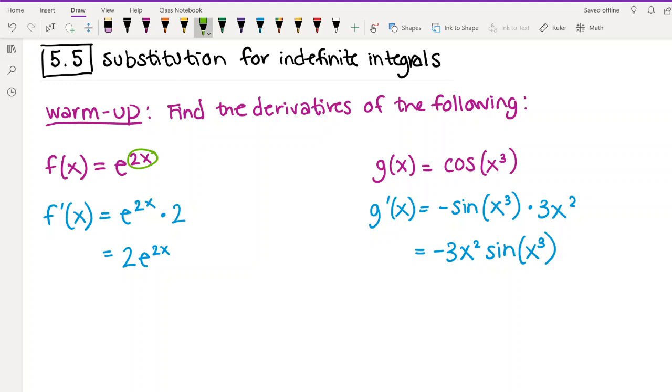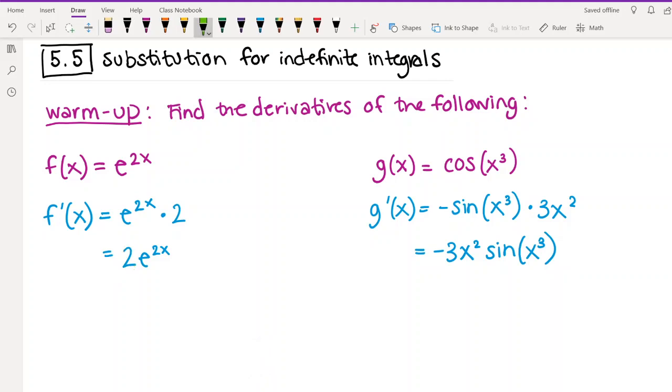We would have the same situation if it was e to the 3x or e to the 5x or e to the negative x or anything like that. Anytime it's just e to a multiple of x, your derivative is just going to differ by that same number. So if we have 2 times x, we end up with 2 times e to the 2x.